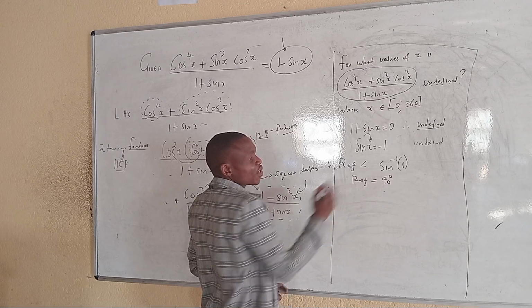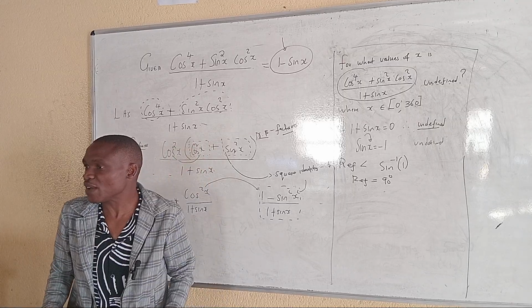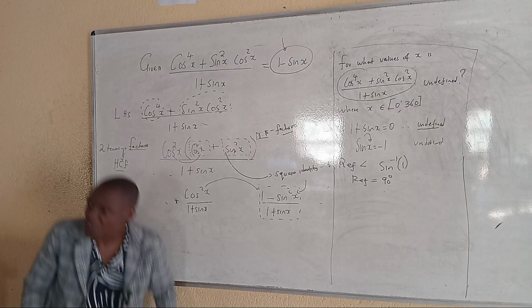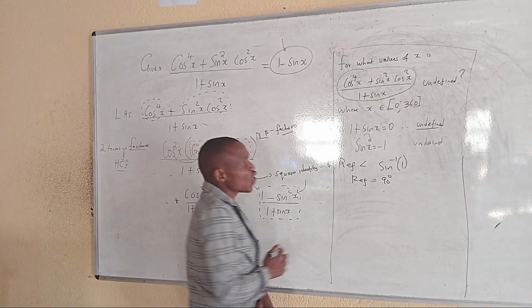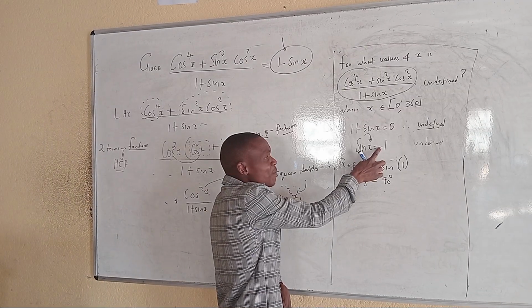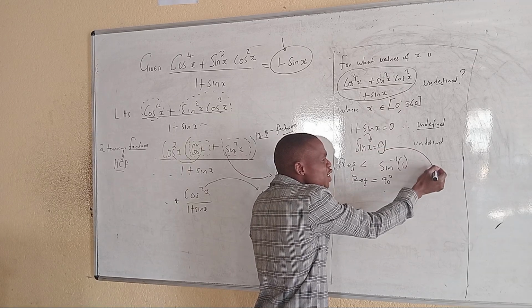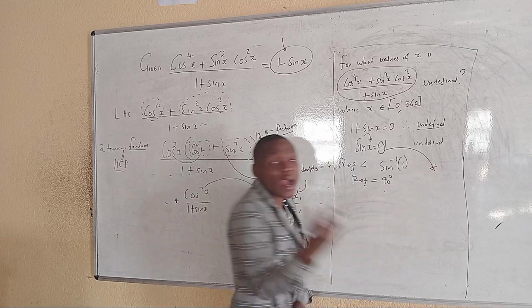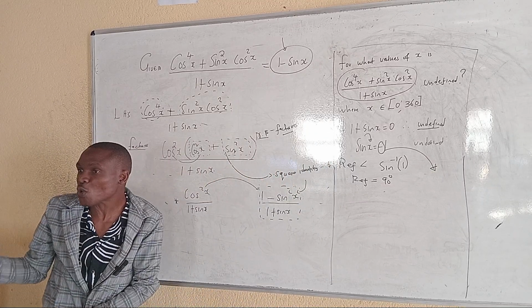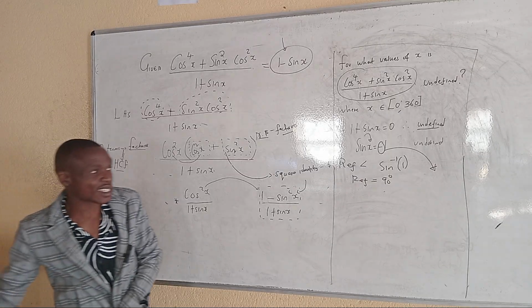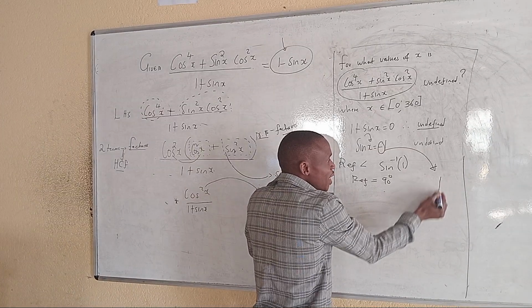Now, when I was looking for the reference angle, I did not use the negative sign. Why? Because this negative sign only tells me in which quadrant my angle should lie. Sine is negative in which quadrant?